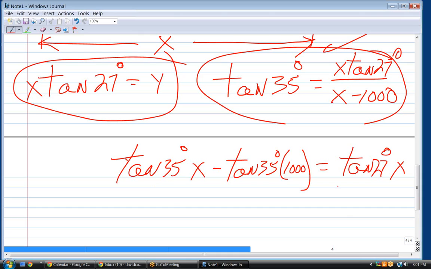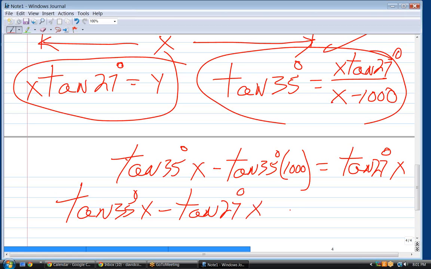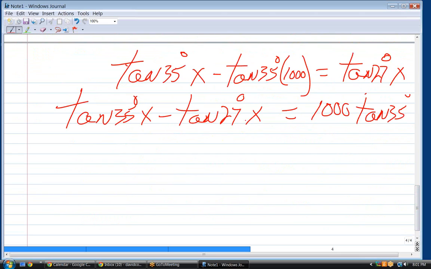So now I can bring the right side over to the left. I have tan of 35 degrees x minus tan of 27 degrees x. Move this to the right, and I have 1,000 times tan of 35 degrees. Factor out the x, leaving tan of 35 minus tan of 27.